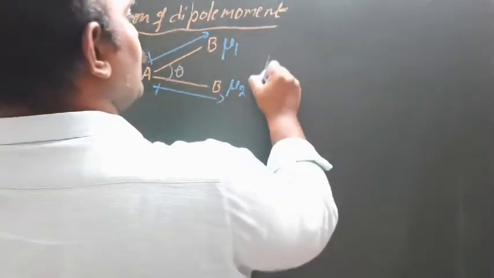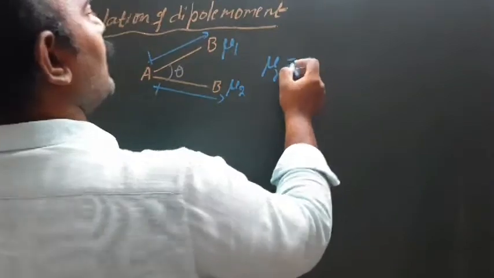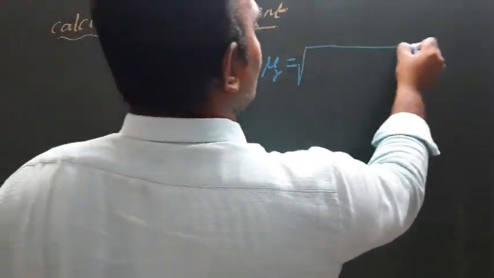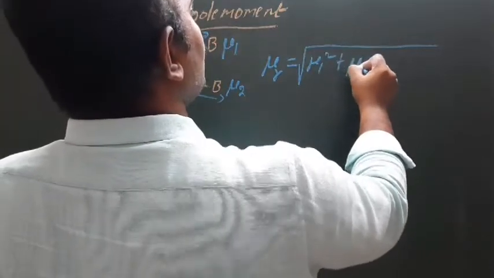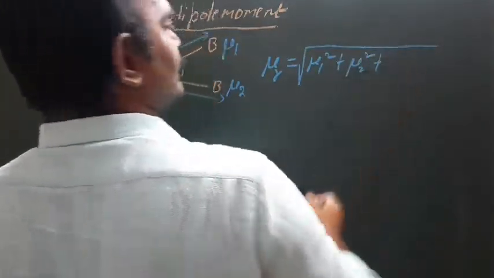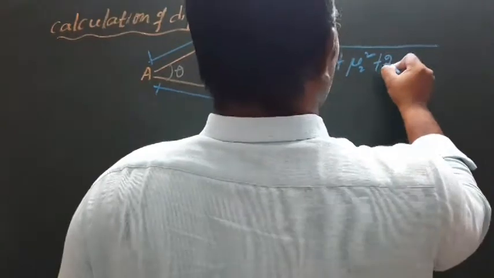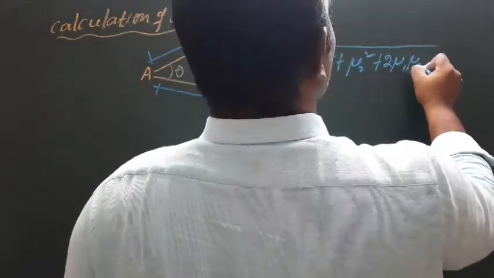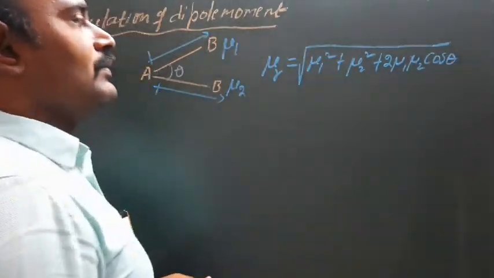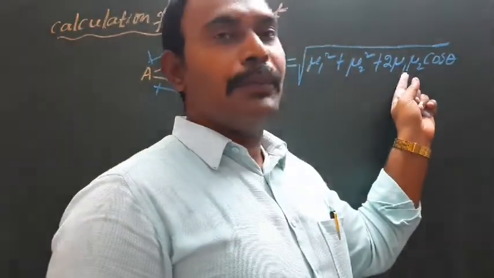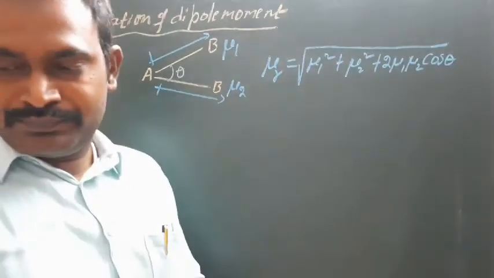The resultant dipole moment is equal to the square root of mu1 square plus mu2 square plus 2 mu1 mu2 cos theta.